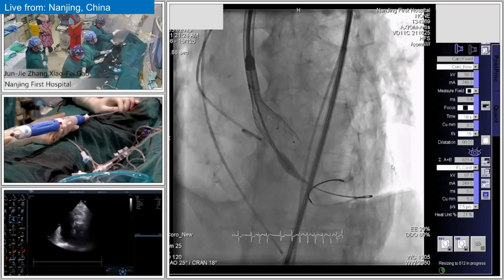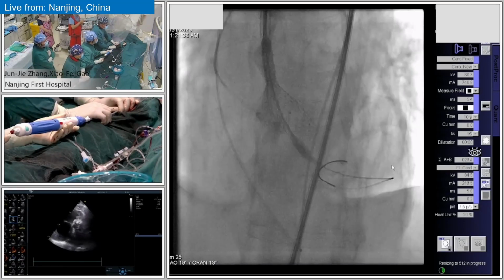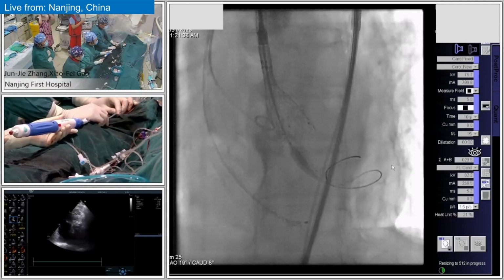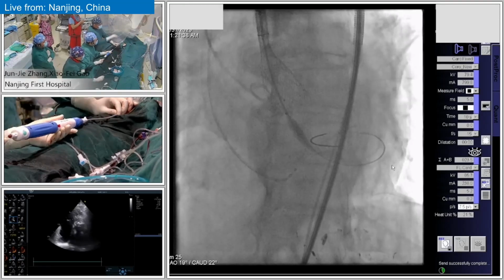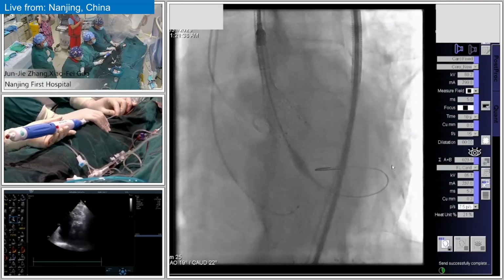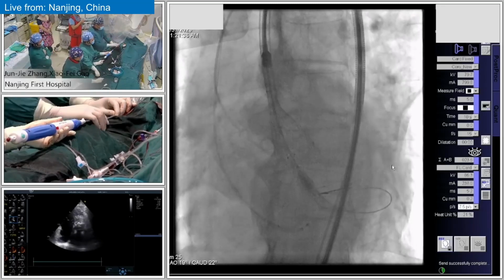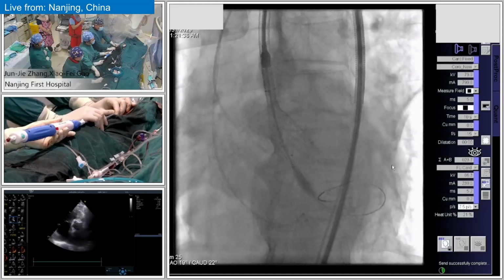Can you go to the baseline of the map? Yeah, it's good. Very nice. Okay, good. So we put the bottom of the aortic valve and the TAVI prosthesis at the same level. Then we do the aortography again to confirm the position is good.